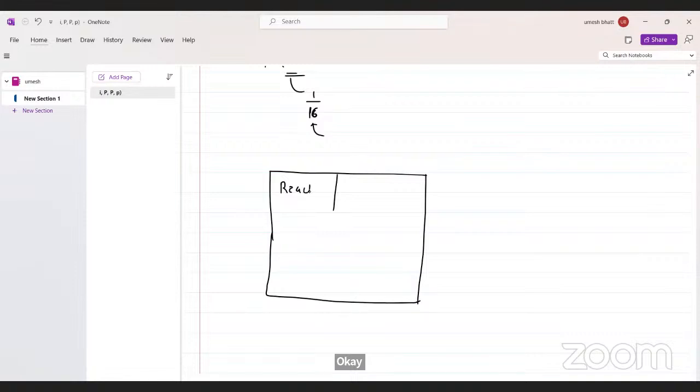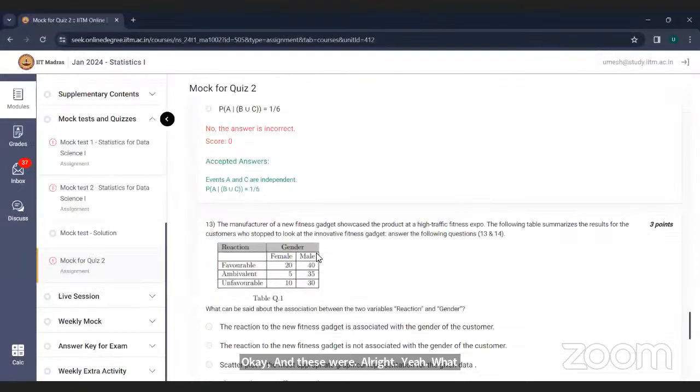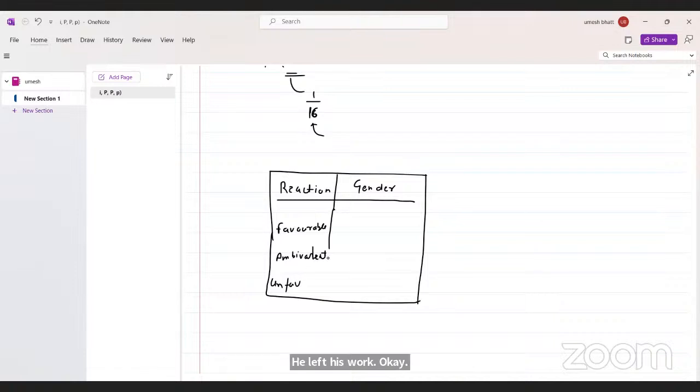This is the reaction and this is gender. Then this is favorable, ambivalent, and next is unfavorable.